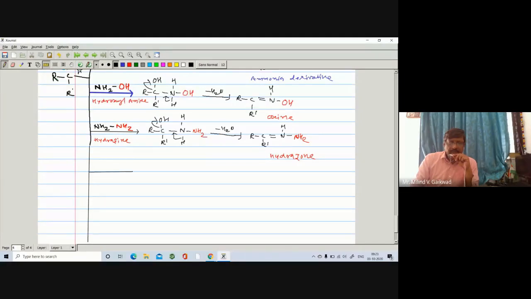Suppose here I replace one of the hydrogens of NH2 in hydrazine by Ph. Here is the NH2, here is the NH, and one of the groups is replaced by the phenyl nucleus, meaning phenylhydrazine. So it is called phenylhydrazine. So instead of writing here, I will write Ph here.